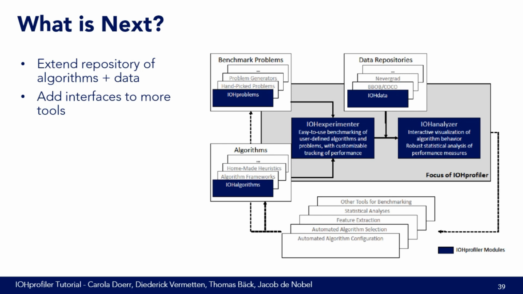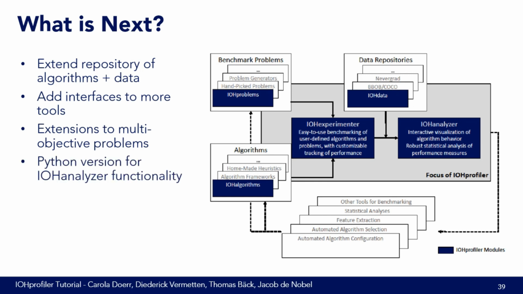And one of the next things in the pipeline is extensions to multi-objective problems, which will go together with a new Python package for IOH Analyzer, so that offline use for people with a lot of data starts to become easier. So this will not replace the IOH Analyzer website, but this will be an additional package that people can use to get similar kinds of functionality on their local data.